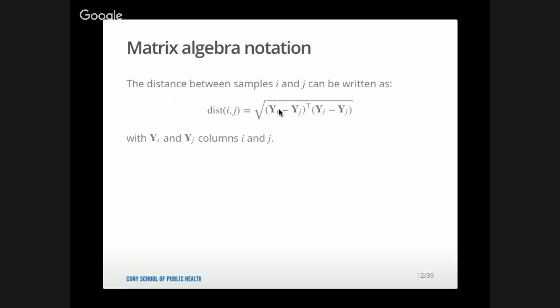So it's saying that we take the vector for sample I, subtract the vector for sample J, transpose it, and do a matrix multiplication with itself again. And I'll give a little workable example, but it works out to be exactly the same as that summation. And then this is a sum of squares, and then you take the square root of it. I won't do too much matrix algebra notation today, not nearly as much as you'll find in the book, but just enough so that you'll get a bit familiar with it.